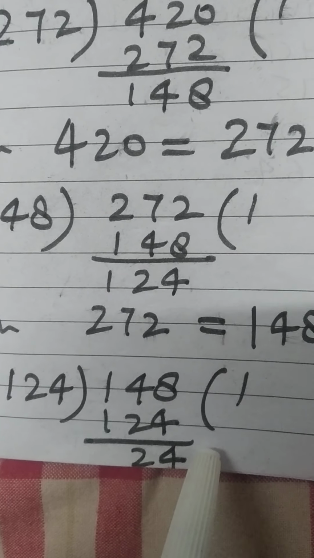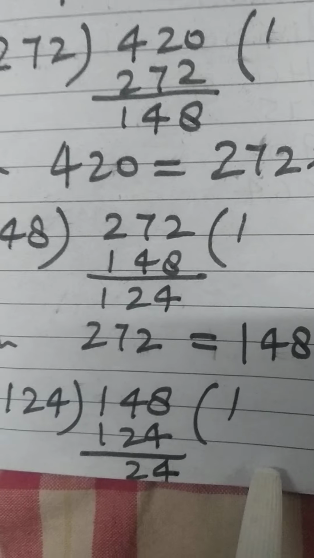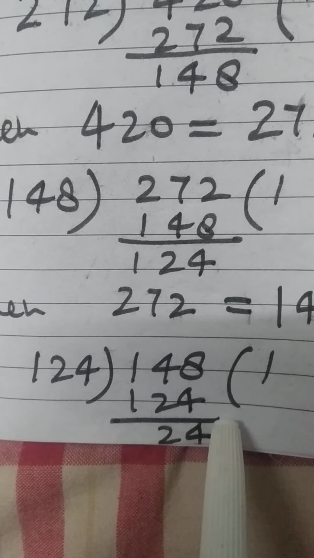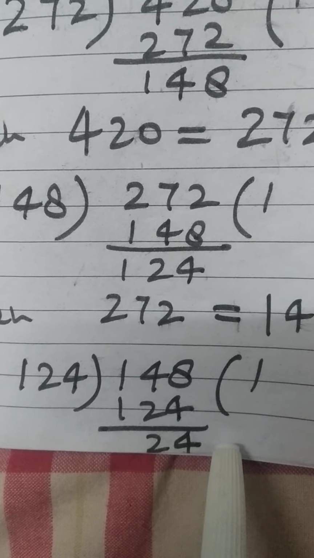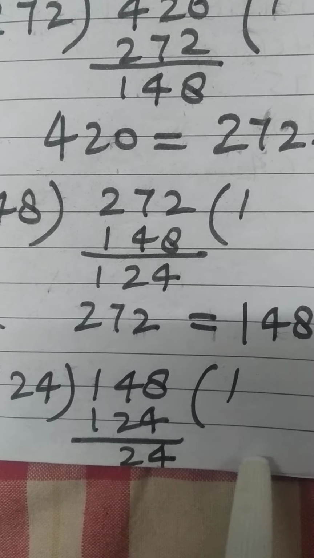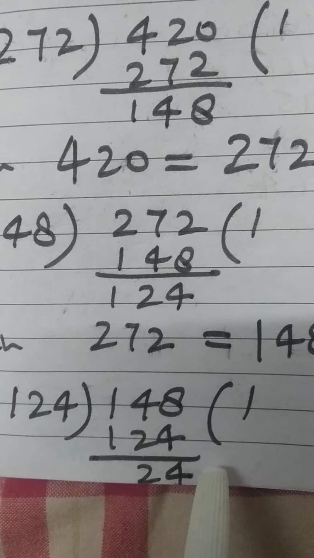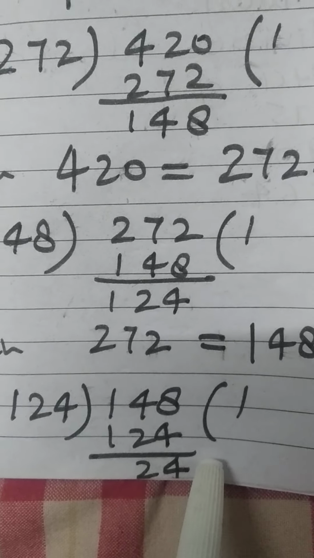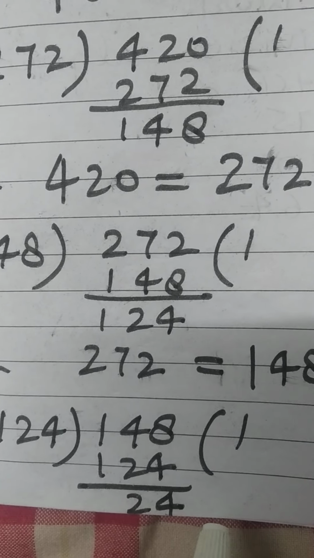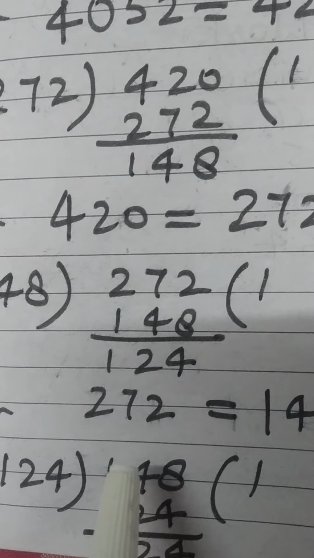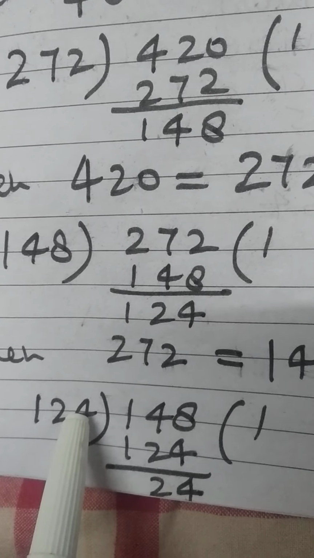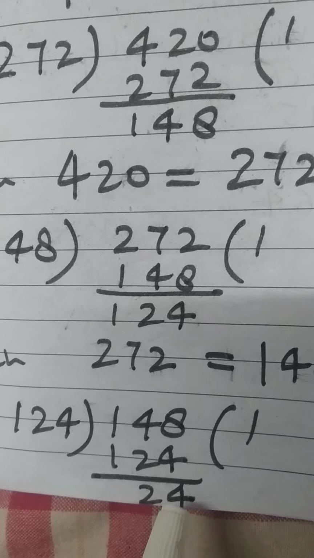We get the value of quotient and remainder. Here value of quotient is 1 and value of remainder is 24. Value of remainder is not equal to 0. So continuing this process, 148 can be written as 124 into 1 plus 24.